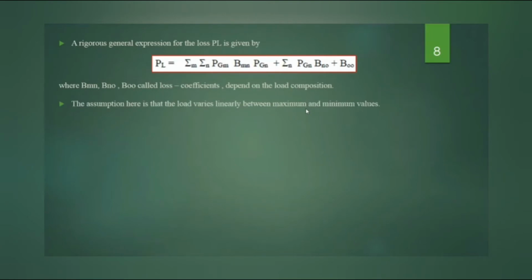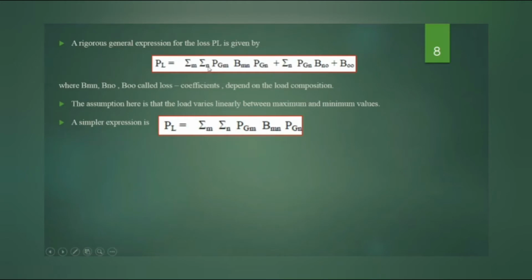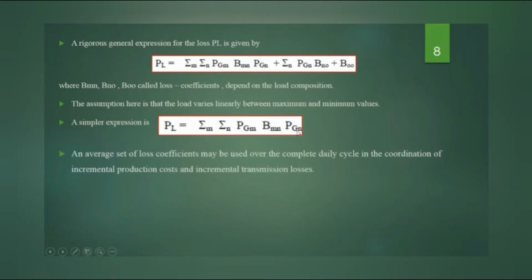The assumption here is that the load varies linearly between maximum and minimum value. A simple expression of the above is PL equal to sigma m sigma n PGm Bmn PGn. An average set of loss coefficients may be used over the complete daily cycle in the coordination of incremental production cost and incremental transmission losses.